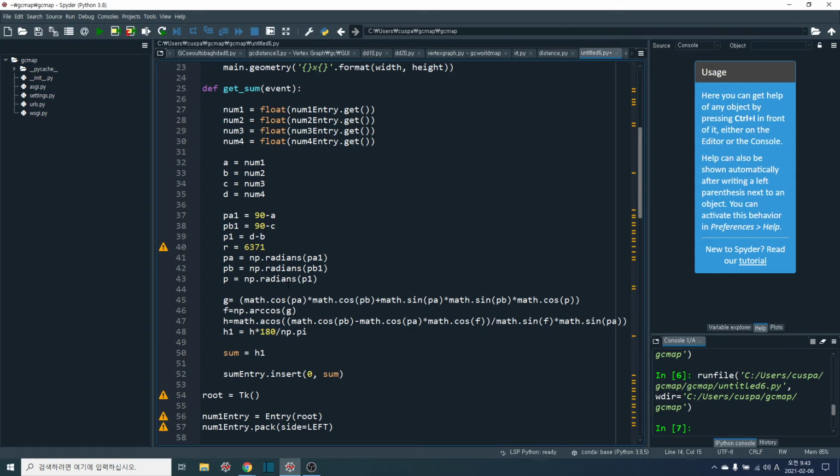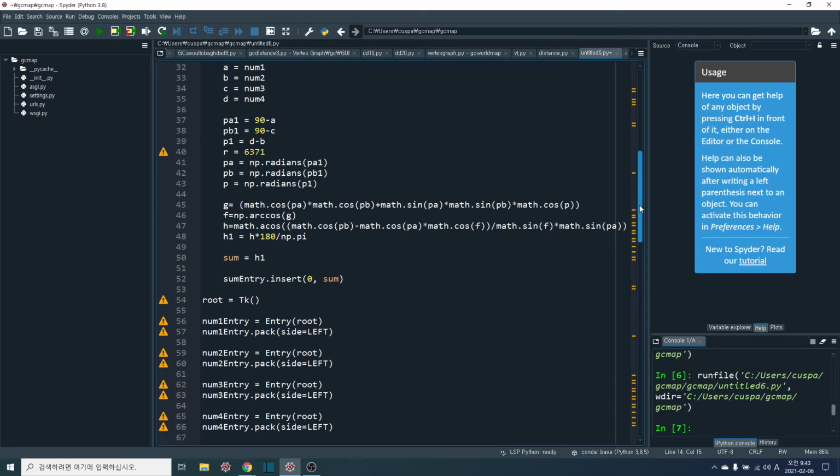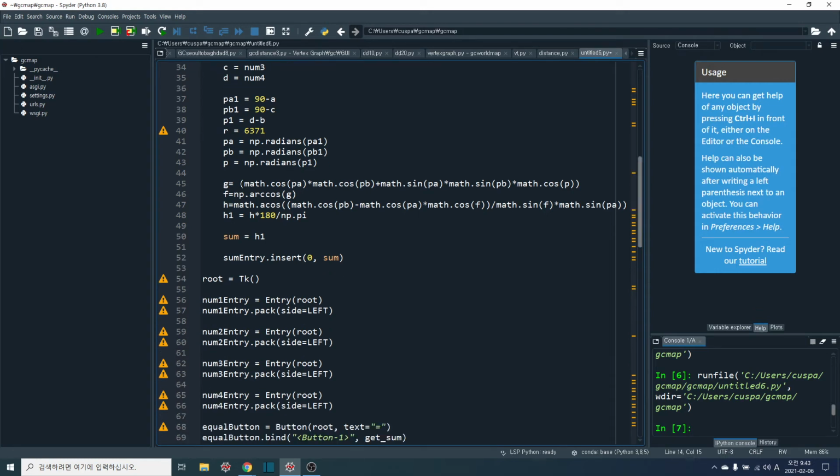We use radians, and here is the formula for distance first. This is the distance from A to B: cosine and cosine, cosine, sine, sine, cosine.